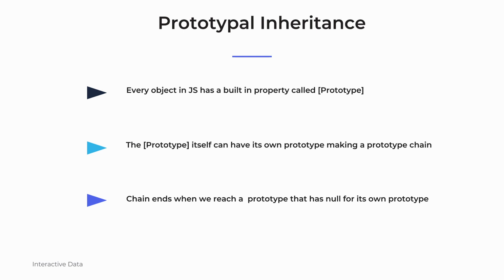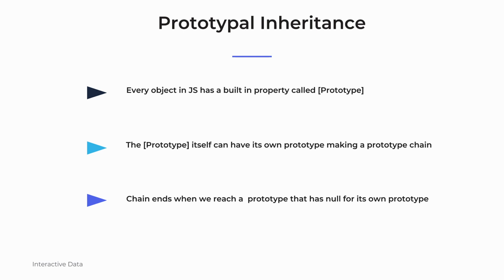But with prototypal inheritance, the main points to remember is every object in JavaScript has a built-in property called prototype. We saw that with nums. We saw that with array. The prototype itself can have its own prototype, making a prototype chain. The chain ends when we reach a prototype that has null for its own prototype.